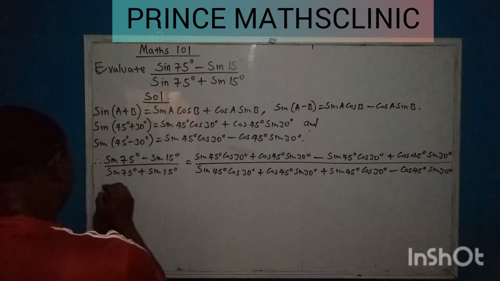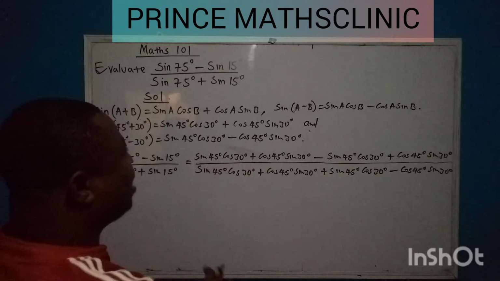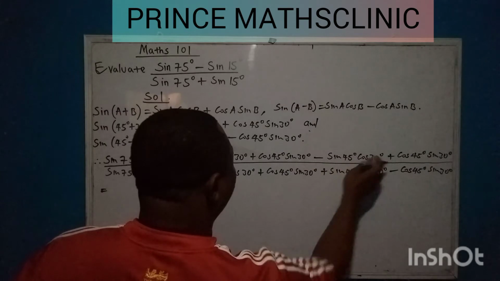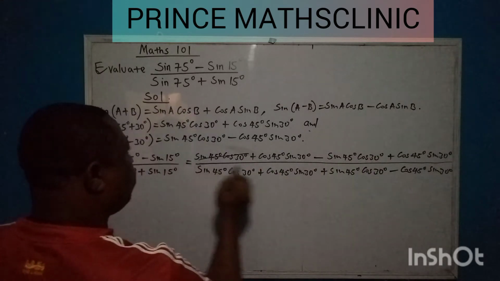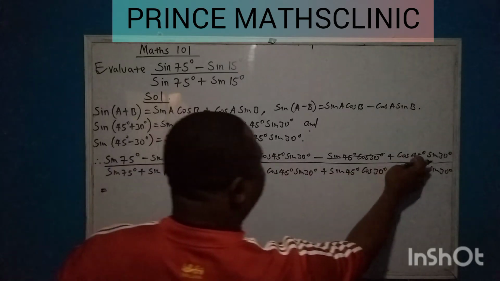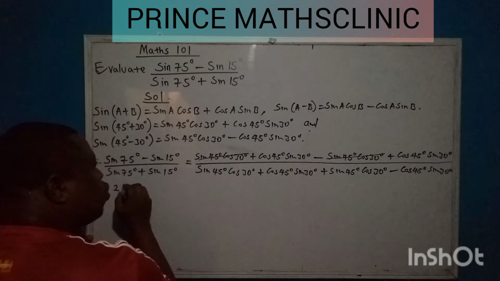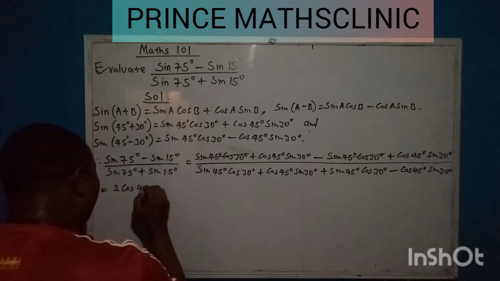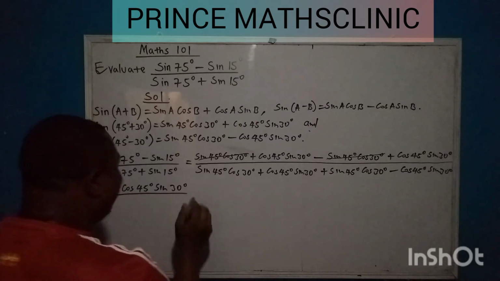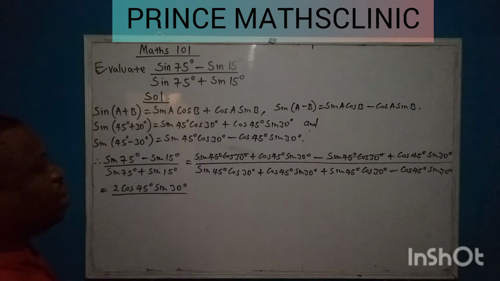Now let us simplify. Sine 45 cosine 30, we subtract sine 45 cosine 30, so this will go. So let's cancel this out. Cosine 45 sine 30 plus another cosine 45 sine 30 will become 2 cosine 45 degrees sine 30 degrees over, let's simplify the denominator. Now let's look at what will cancel each other.